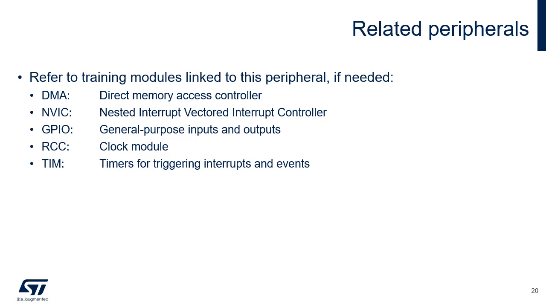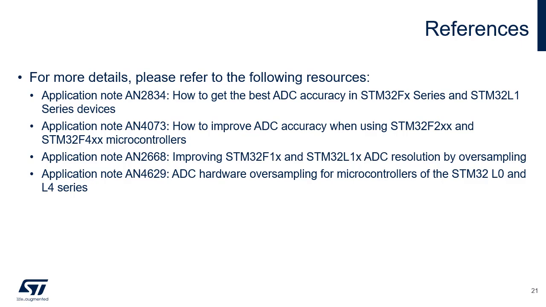These peripherals may need to be specifically configured for correct use with the ADCs. Please refer to the corresponding peripheral training modules for more information. Several application notes dedicated to analog-to-digital converters are available. To learn more about ADCs, you can visit a wide range of web pages discussing successive approximation analog-to-digital converters.